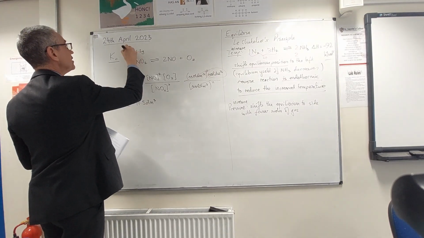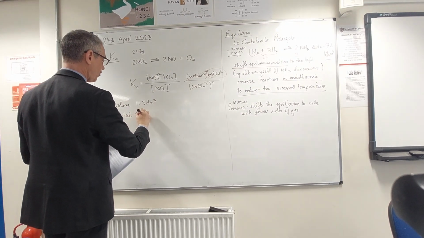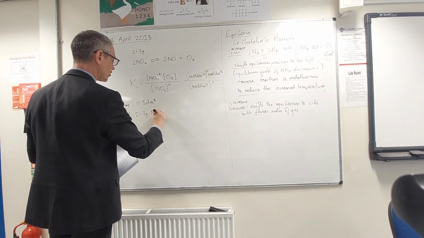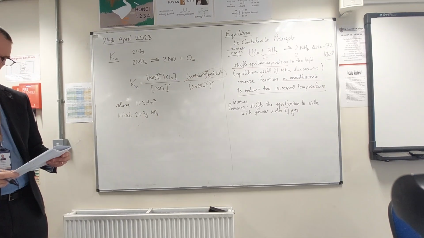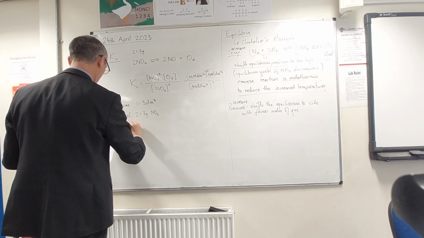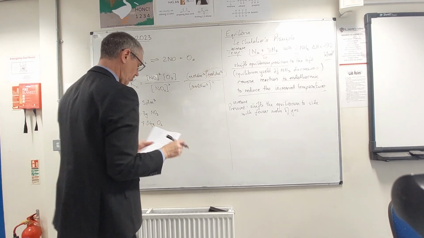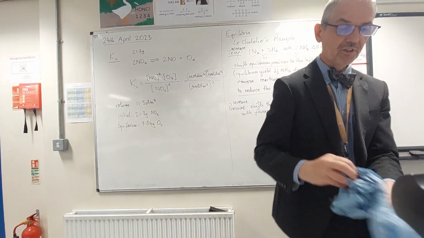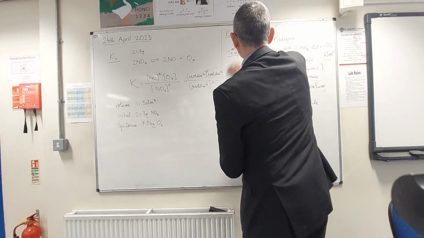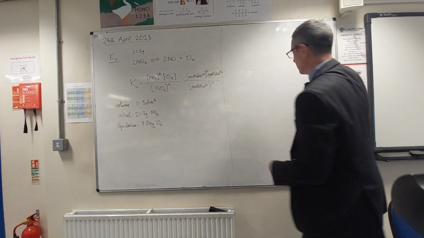Initially, 21.3 grams of NO2, and then at equilibrium we had 7.04 grams of oxygen. So what's our general method for working this out? An ICE table.